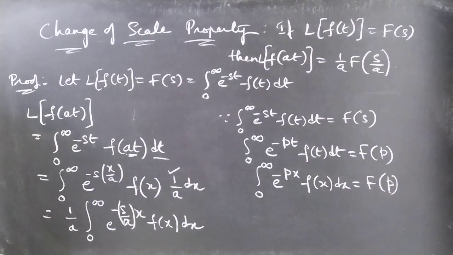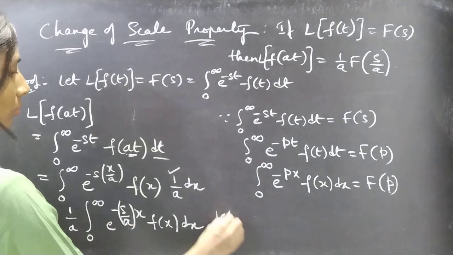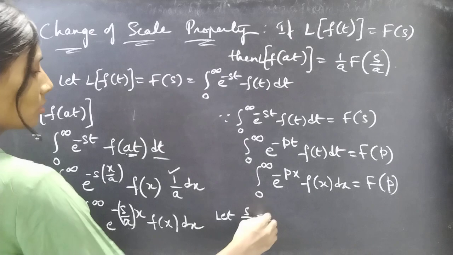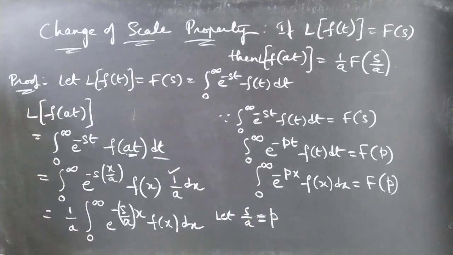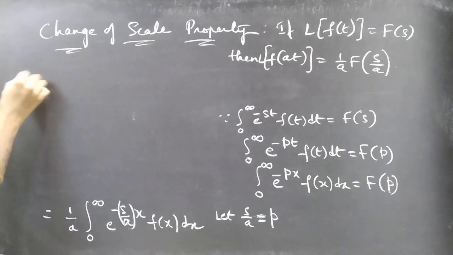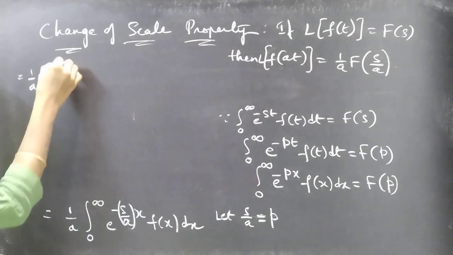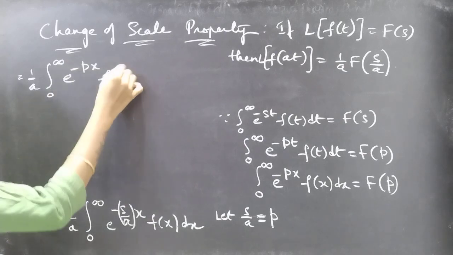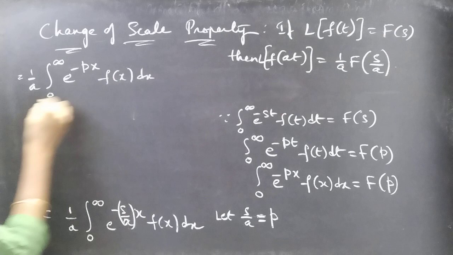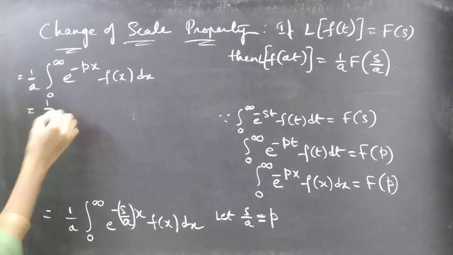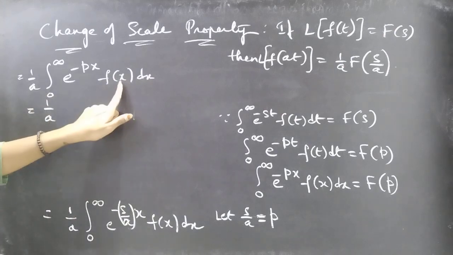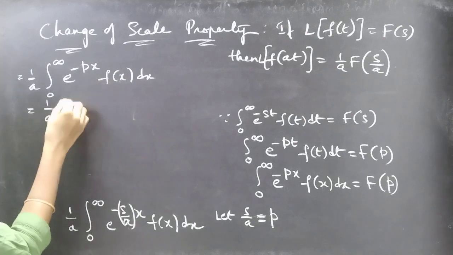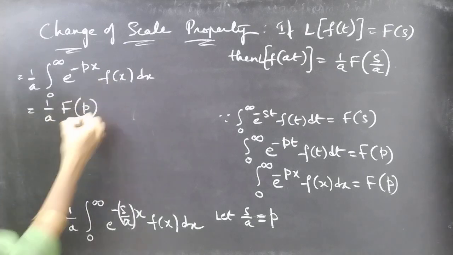So let s by a equal some p, then this becomes 1 by a integral from 0 to infinity of e power minus px f of x dx, which is the Laplace transform of f of x, that is F of p.